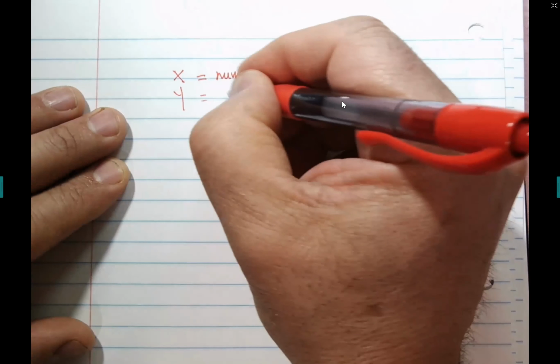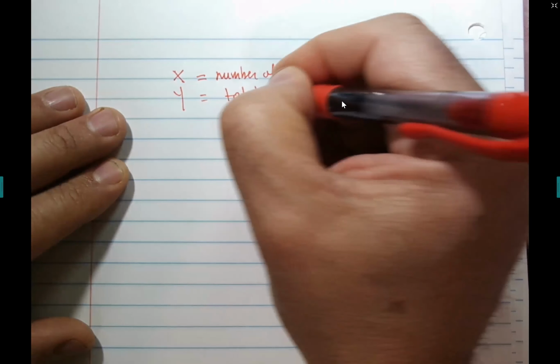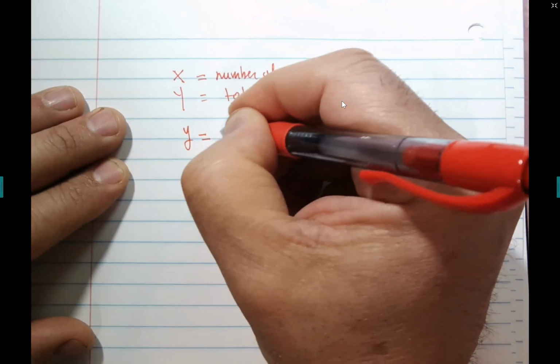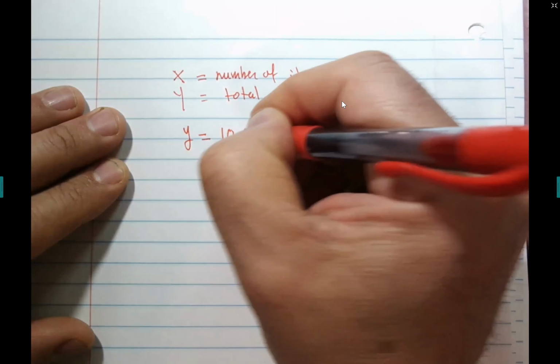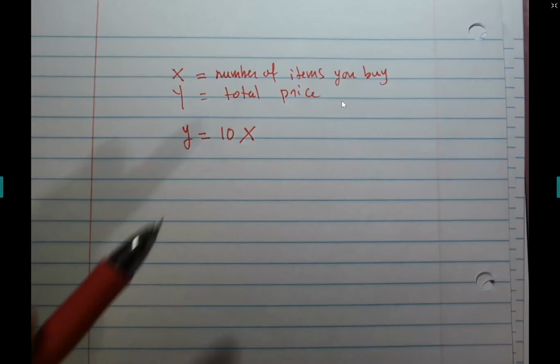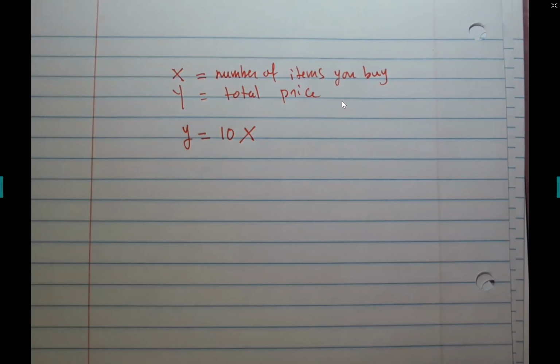Y is the total price. I'm going to put this relationship here. Y is 10x. This is an equation of a line, guys, and this is the slope.